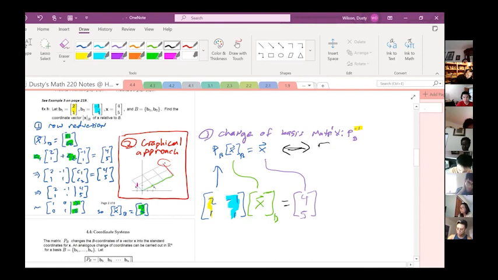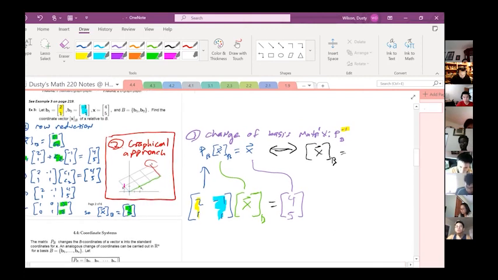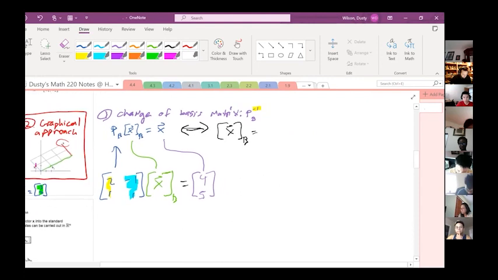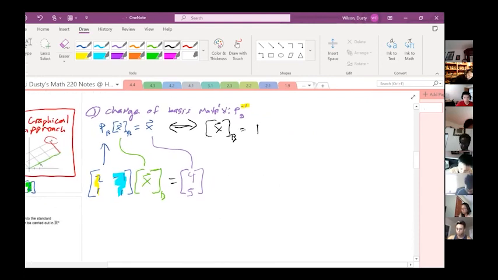So we have XB equals PB inverse times X. Okay.